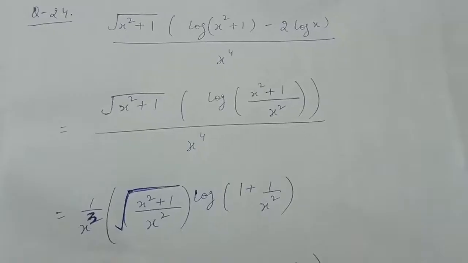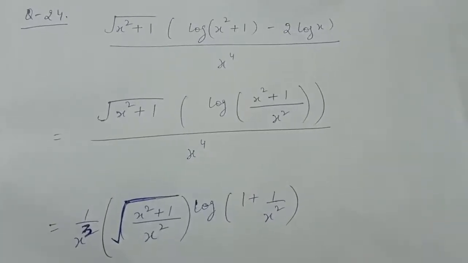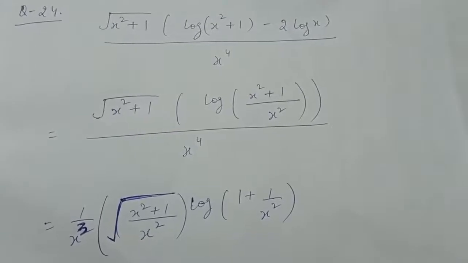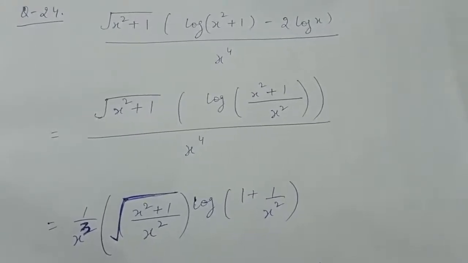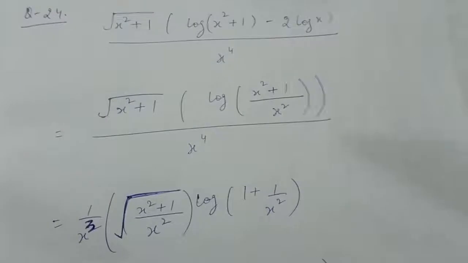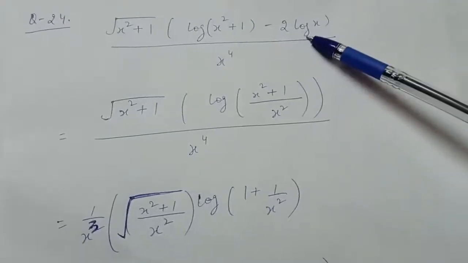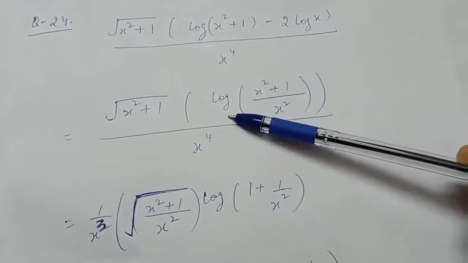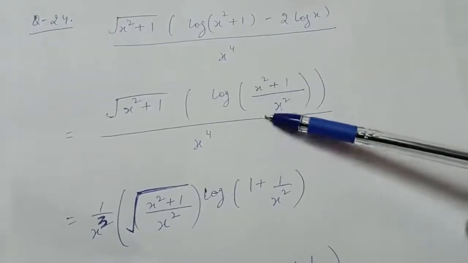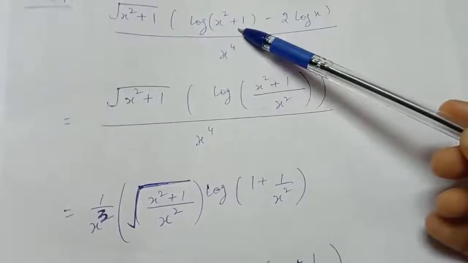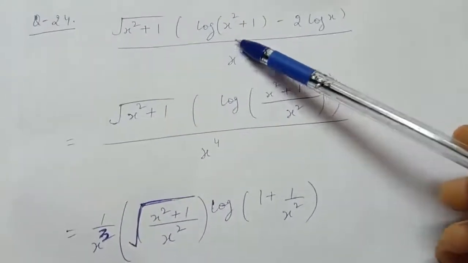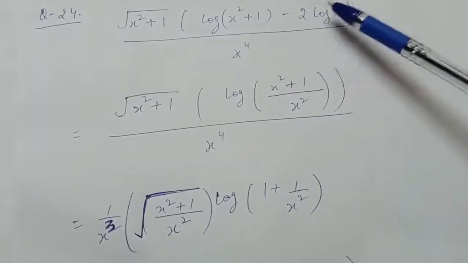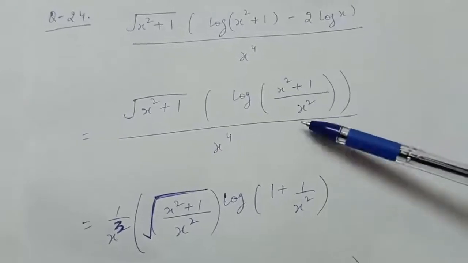Now question number 24 is root x square plus 1 times log of x square plus 1 minus 2 log x, upon x raised to the power 4. Now you know this can be written as log x square, and then this will be log m minus log n, which can be written as log m upon n, where m is x square plus 1 and n is x square, because this 2 will go here, so x square.